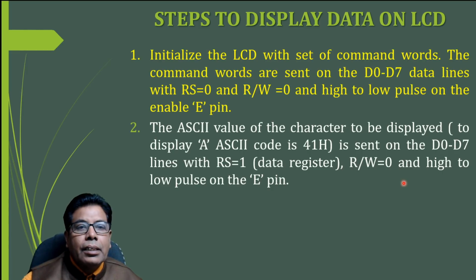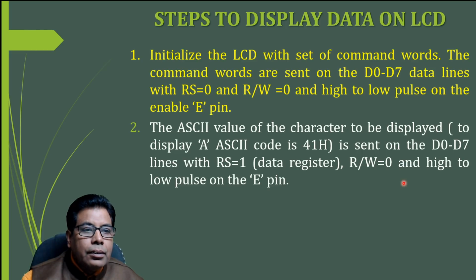So when we are sending the command words, they are to be written on the LCD, and the E pin has to go from high to low, so that will latch the commands.